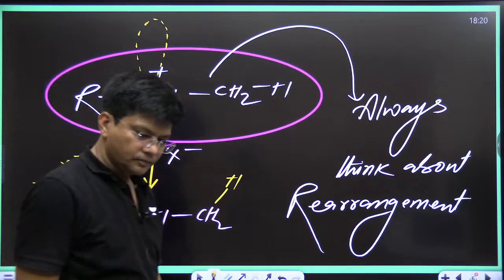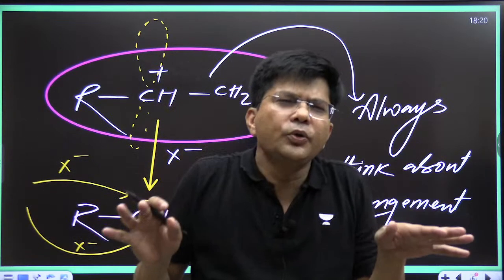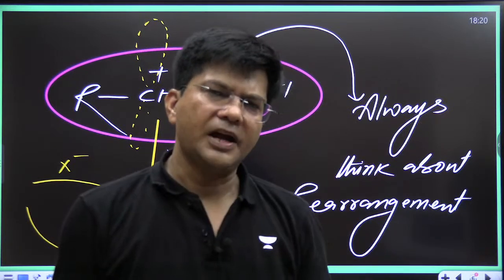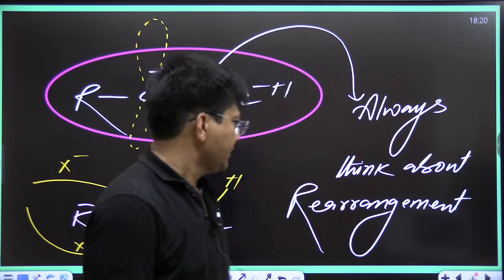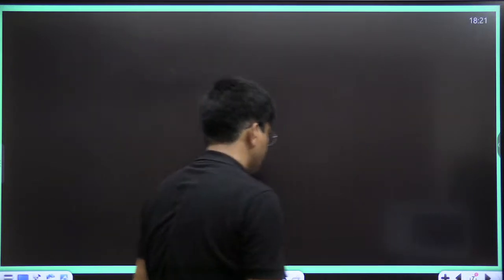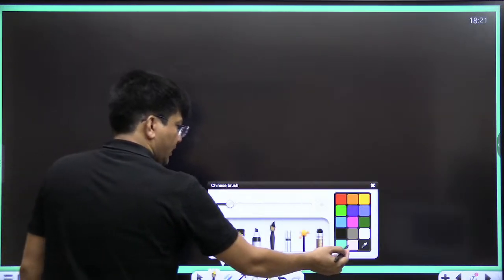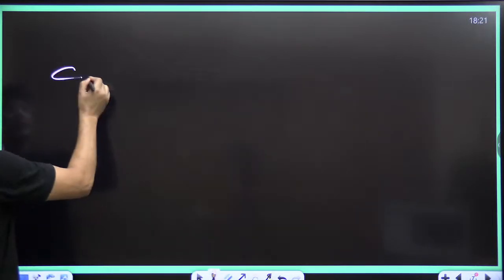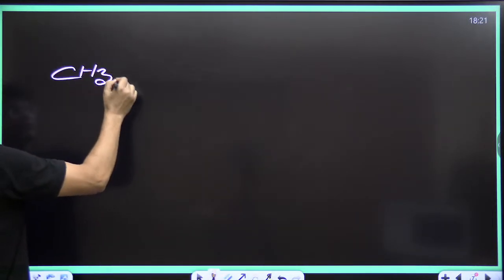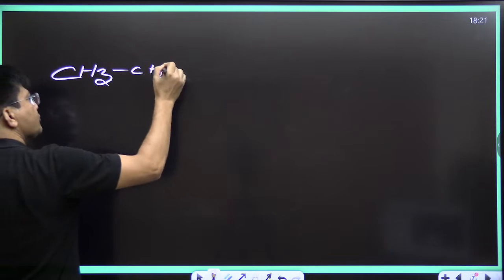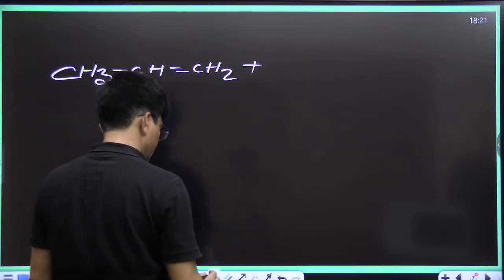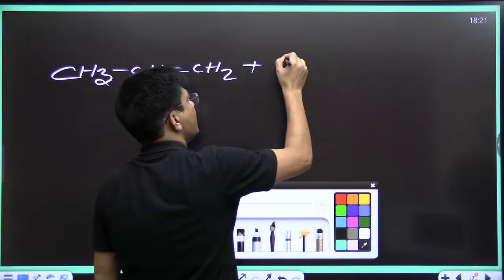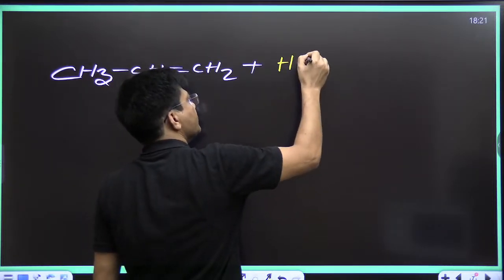Now, till now, I've told you the basic mechanism, my dear students. Now, let me give you one reaction. See the reaction, my dear students. If the reactant provided is propene, CH3 CH double bond CH2, plus HX, let's add HCl.